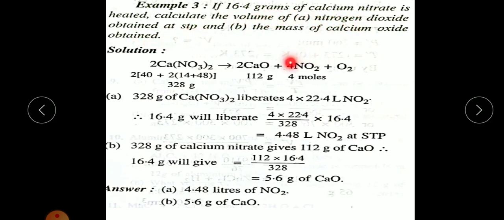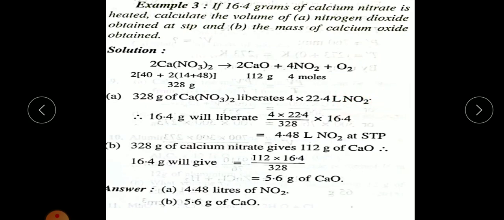That means what is the volume of this nitrogen dioxide formed. For that, there are 4 moles, and we know that 1 mole is 22.4 liters. So what I can write, 328 gram of calcium nitrate liberates 4 into 22.4 liters. Why is it 4? Because it is 4 moles. For 1 mole it is 22.4 liters, and since it is 4 moles, we write 4 into 22.4 liters.